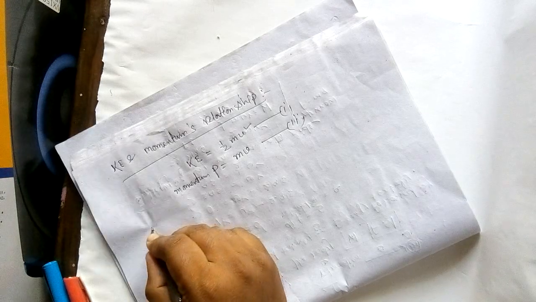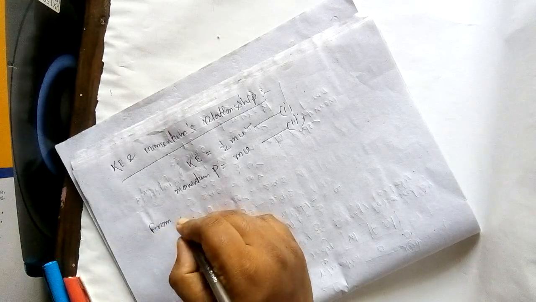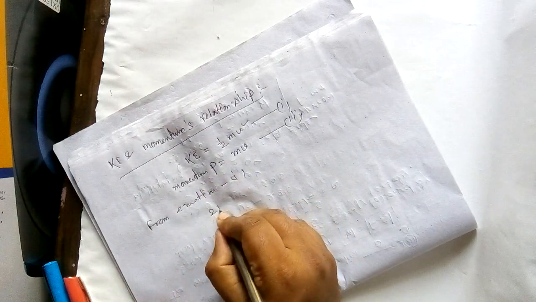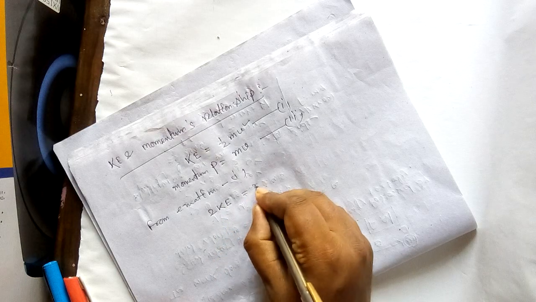So we can write from equation 1, 2 into kinetic energy equals m into v square. See, 2 is multiplied here.